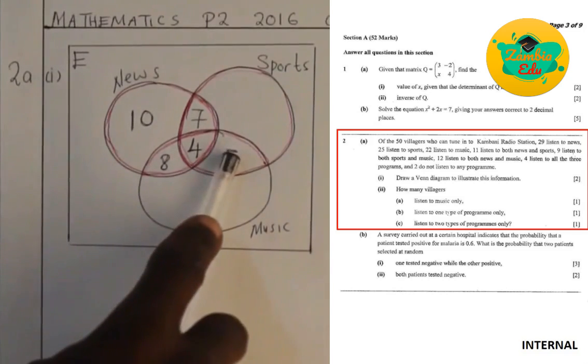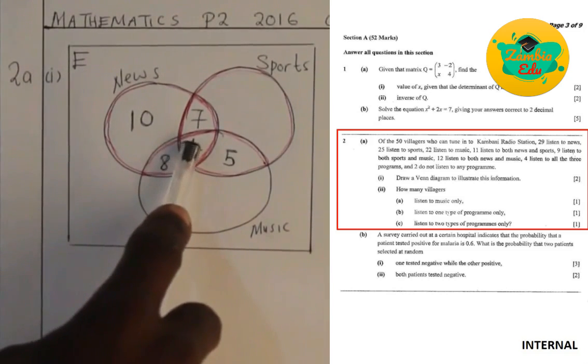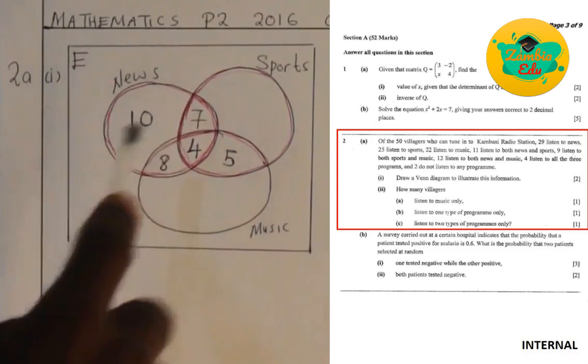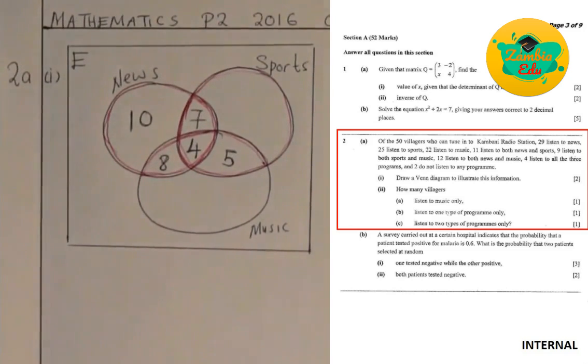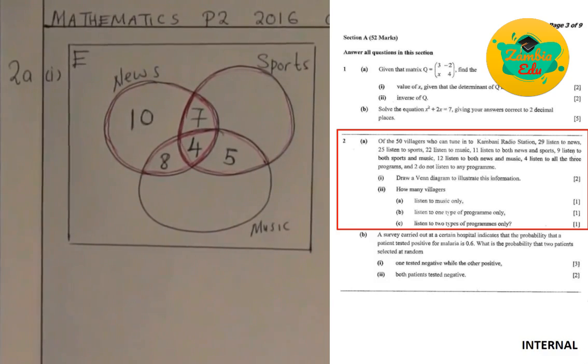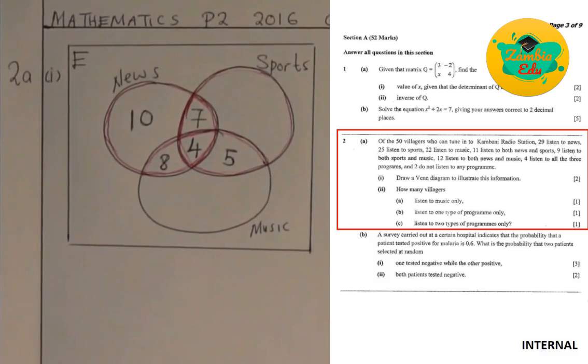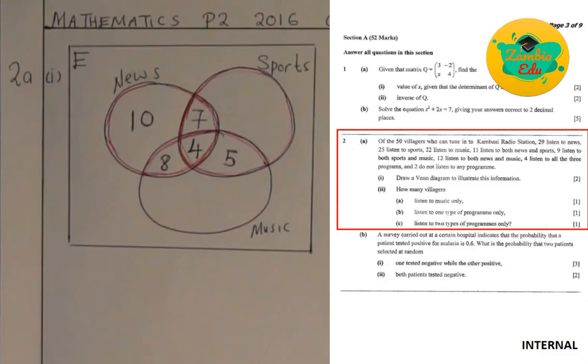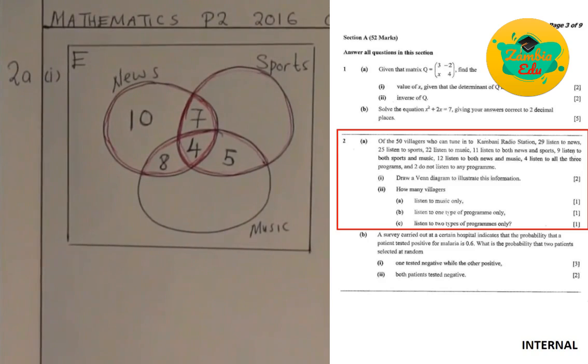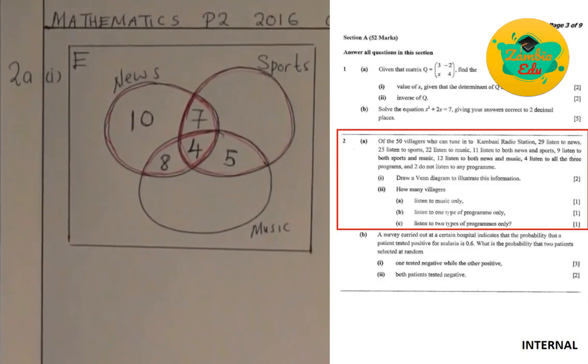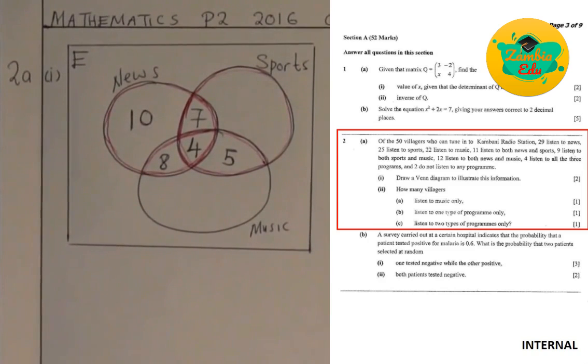We already have 5. 5 plus 4 is 9. 9 plus 7 gives us 16. But what we need is for the total to be 25. So we're going to subtract 16 from 25 so that we are able to get the total number of people that listened to sports only.